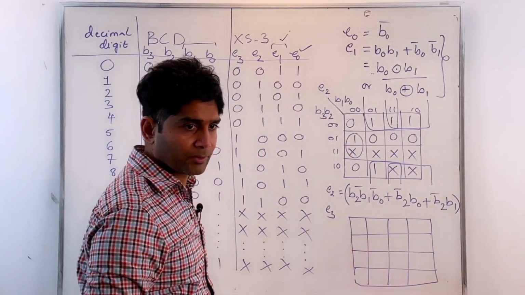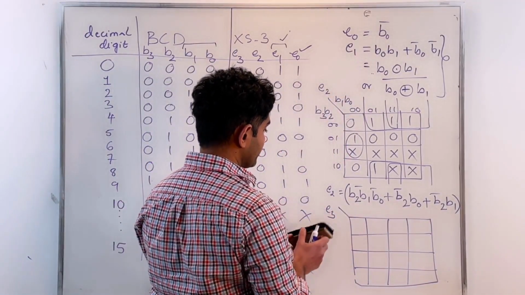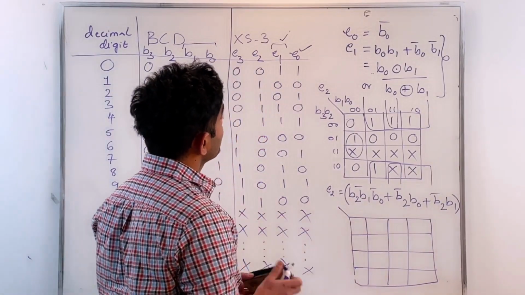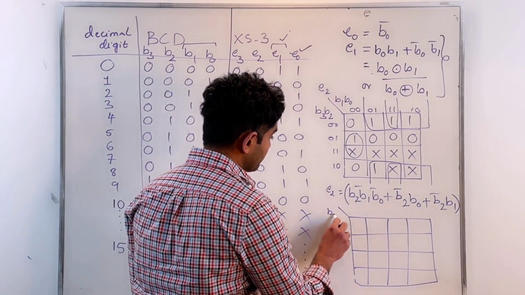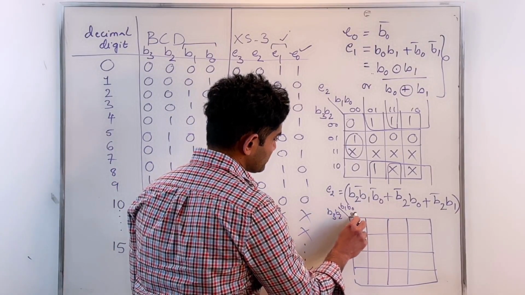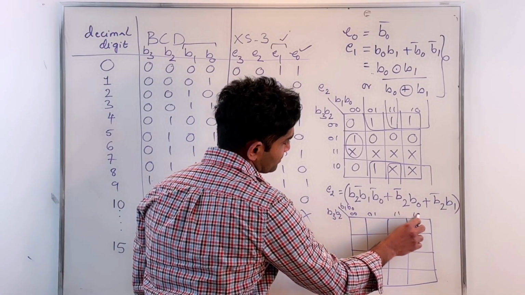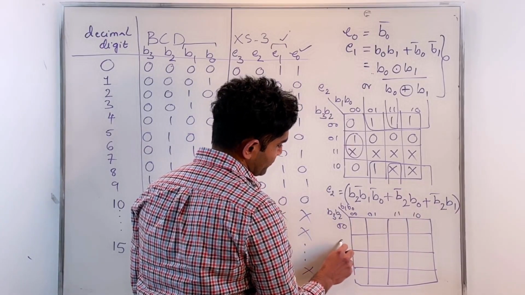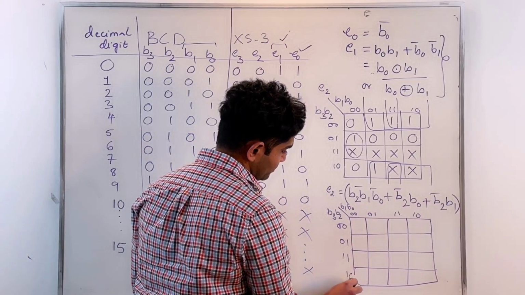So that's for E3. Again, my inputs are B3, B2, B1, B0. 0, 0, 1, 1, 1, 1, 0, 0, 0, 0, 1, 1, 1, 1, 0.